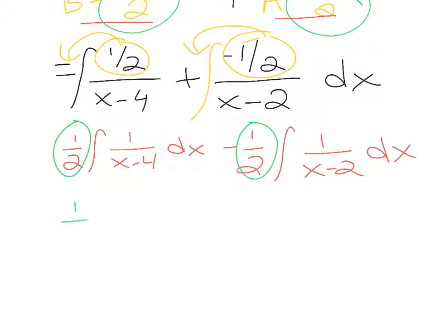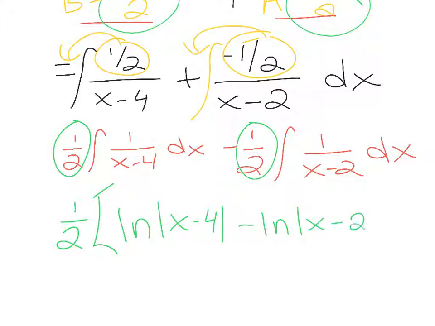So I'm going to have 1/2 ln of the absolute value of x minus 4, minus ln of the absolute value of x minus 2. And since we integrated, we're going to have that plus c hanging out at the end.